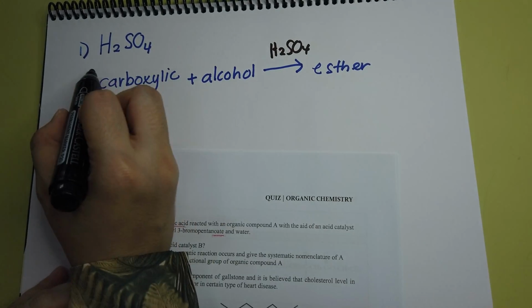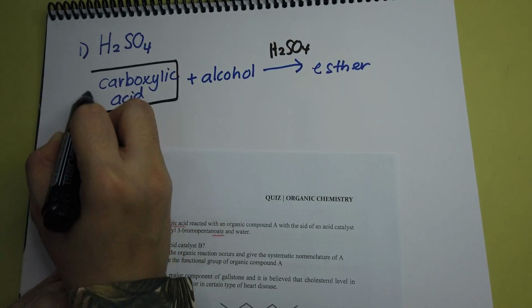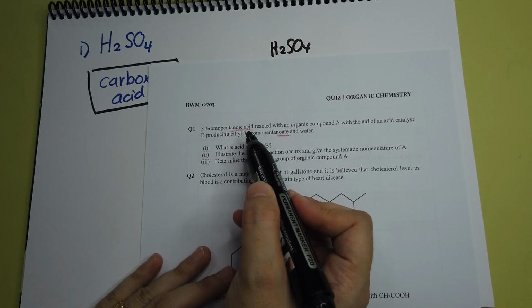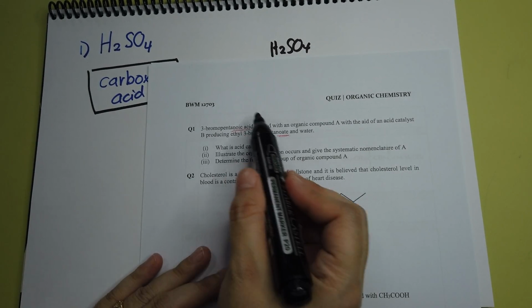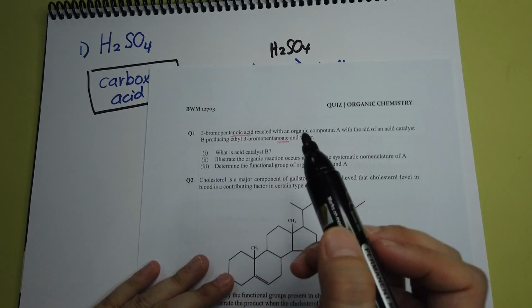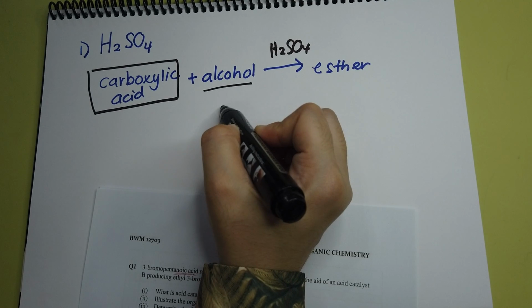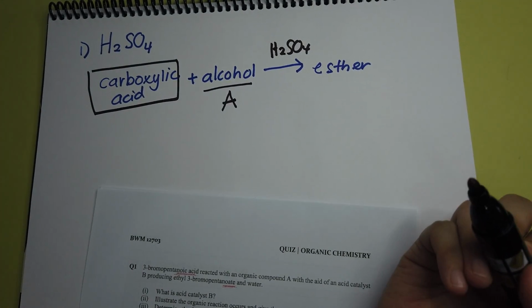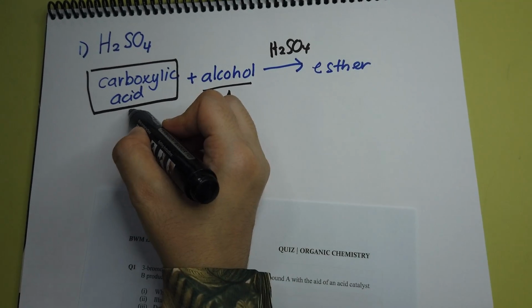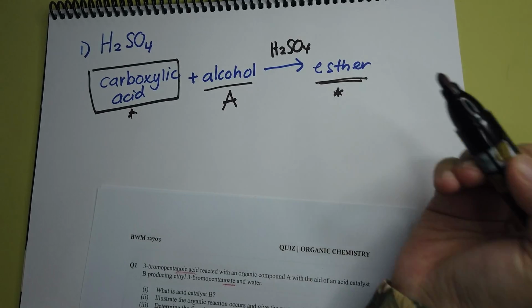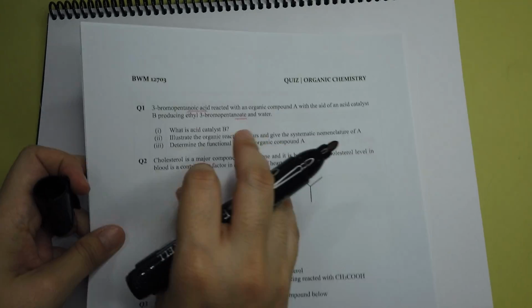Now the carboxylic acid has been given in the question, which is the 3-bromopentanoic acid. This is the compound that will react with an organic compound A. So your compound A should be an alcohol. But what type of alcohol will convert this carboxylic acid to the ester?